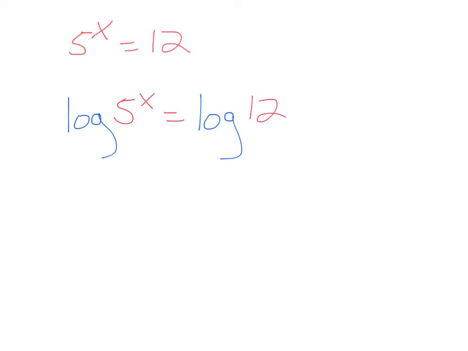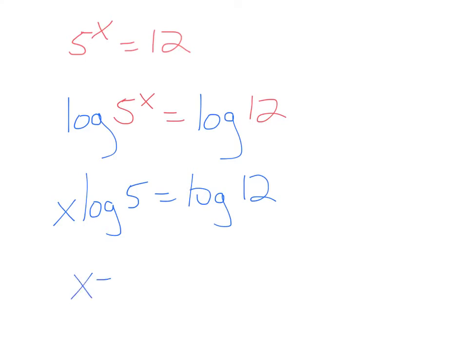Now I'm going to use the power property rule on this left-hand side and take our exponent of x out front. Okay, and now we're just going to treat it like a normal equation, and divide by log of 5 on both sides. So x equals log of 12 divided by log of 5.